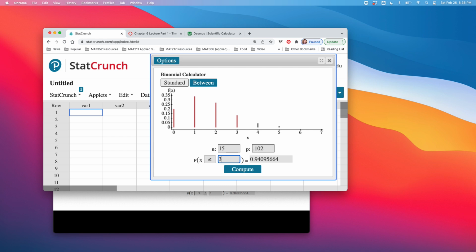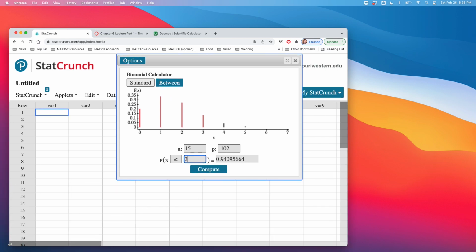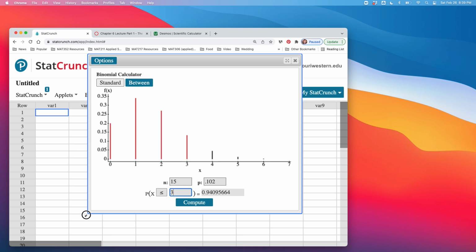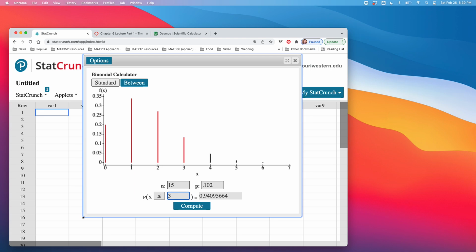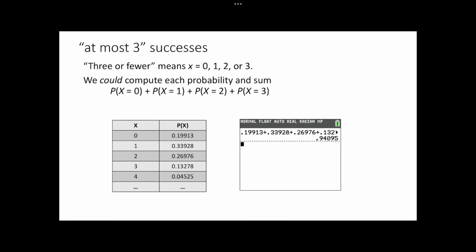So the probability here of having 3 or fewer of the 15 that were interviewed be unemployed is 0.94. That's pretty high. 3 or fewer means that x is 0, 1, 2, or 3. So we could have just computed each of those probabilities and added them together.